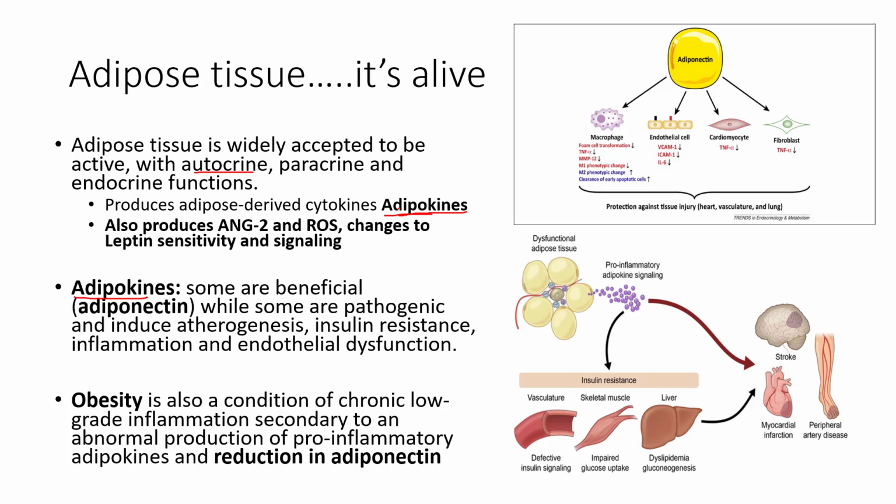Probably the most important one would be adiponectin, which we think is a healthy or pro-health cytokine. It also secretes things that are not so healthy, like TNF alpha and IL-6.